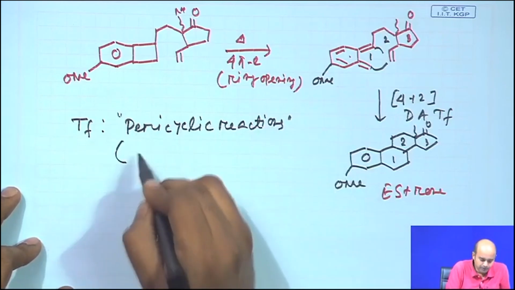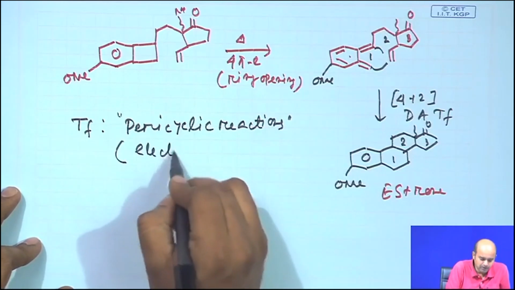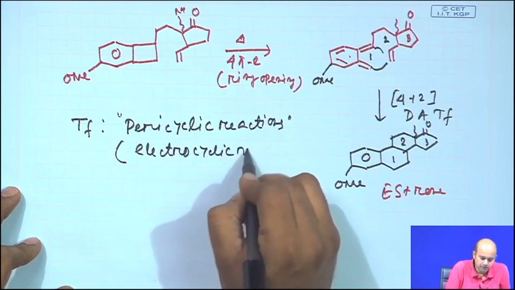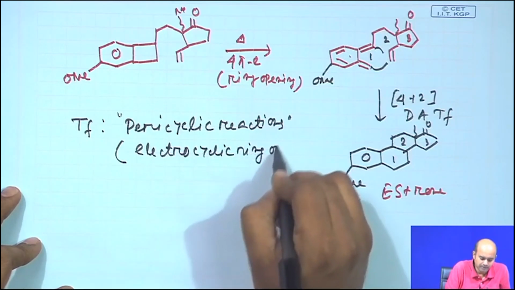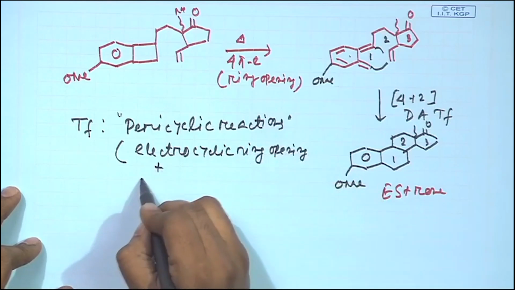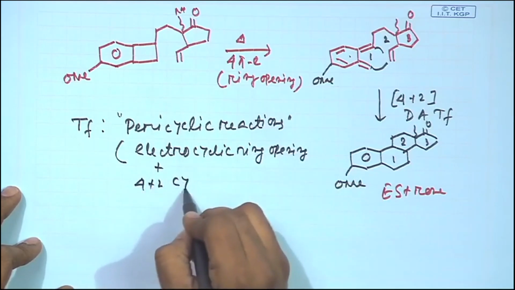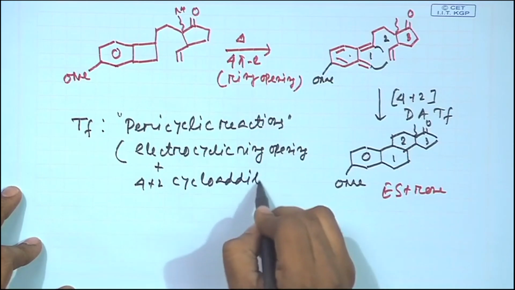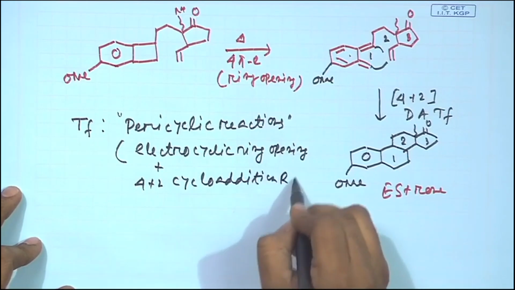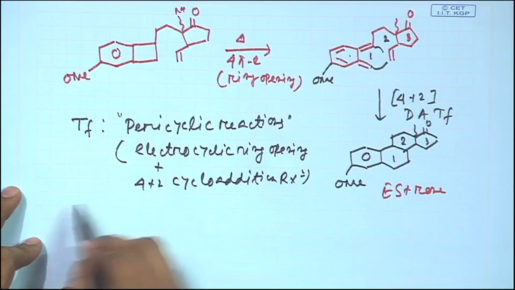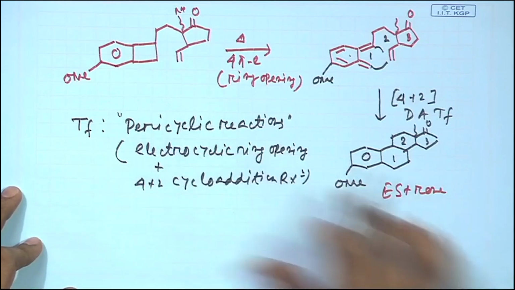So, we use an electrocyclic ring opening, as well as a 4 plus 2 cycloaddition reaction. And then at the end we basically use this 4 plus 2 cycloaddition reaction.